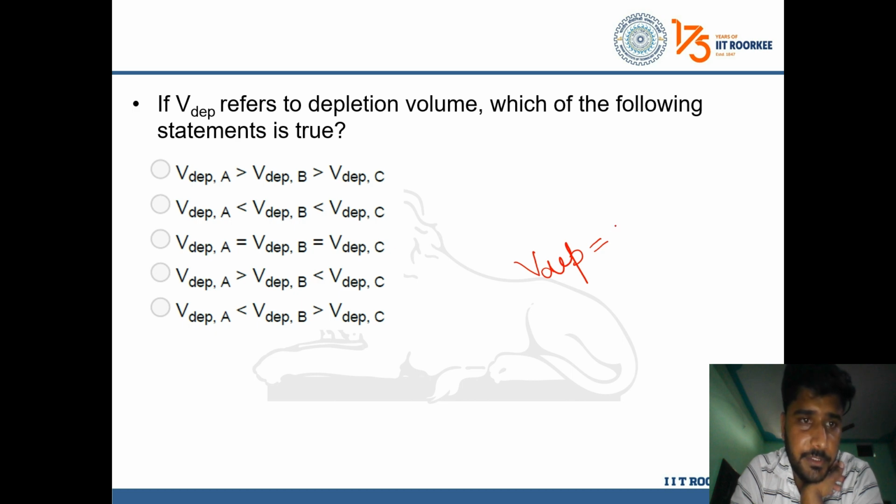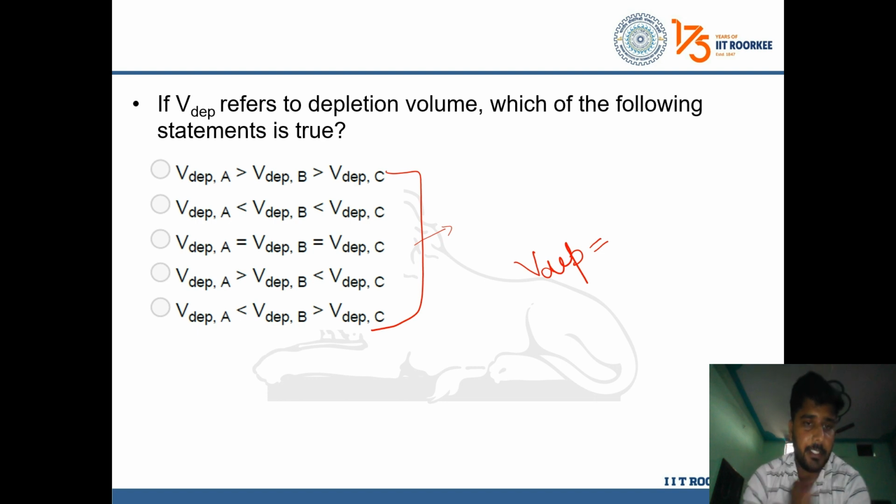Which of the following statements are true? You have to compare the values of depletion potential for these three different particles.